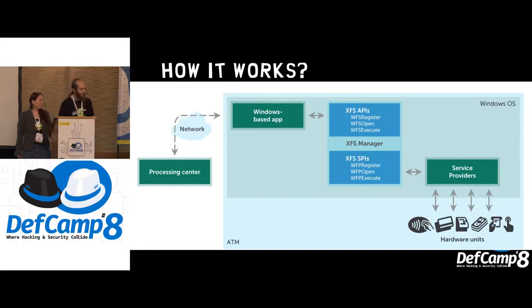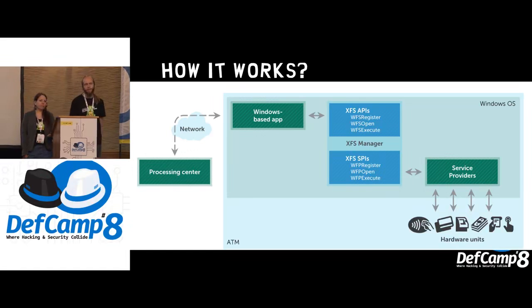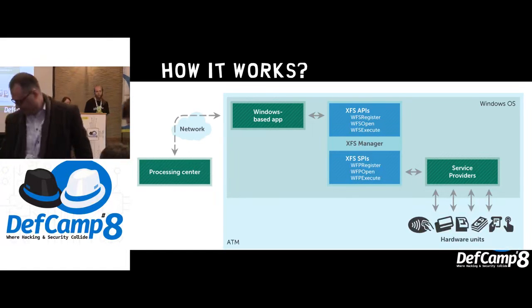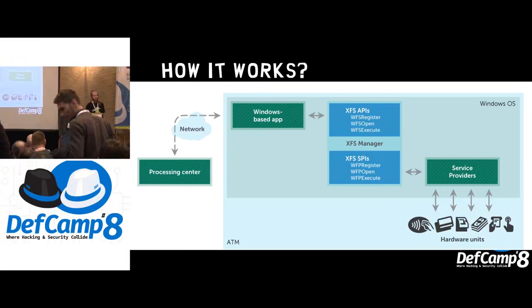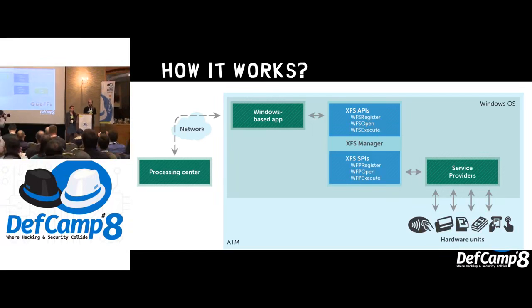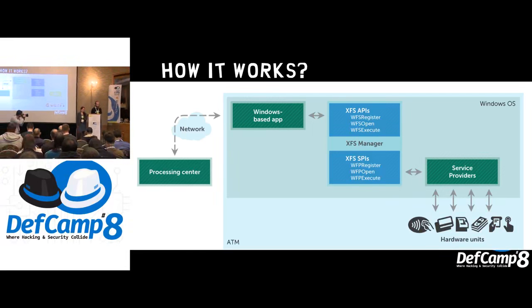To sum up all the features that are needed for an ATM machine to work: we have a processing center that issues commands to the ATM machine. It has all information about your banking accounts and about what transaction is happening right now. The ATM machine is connected through a network to this processing center.